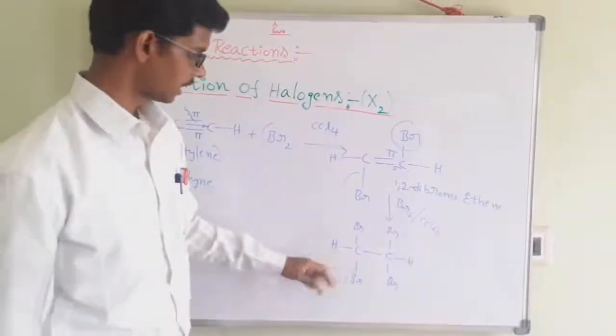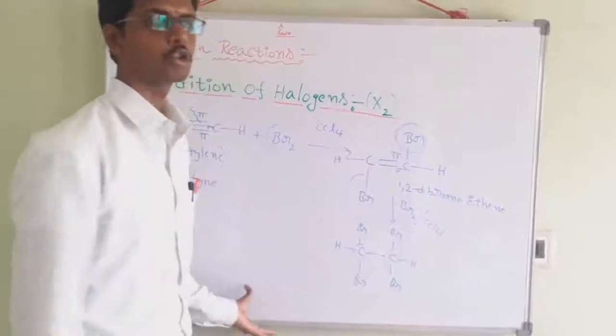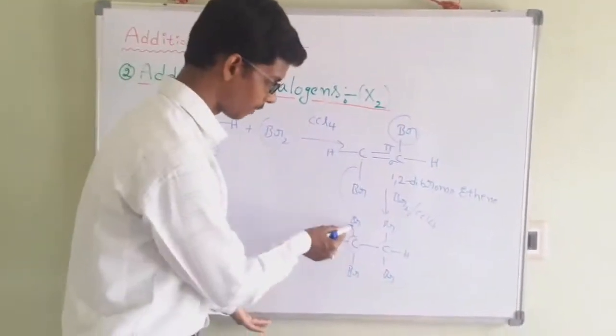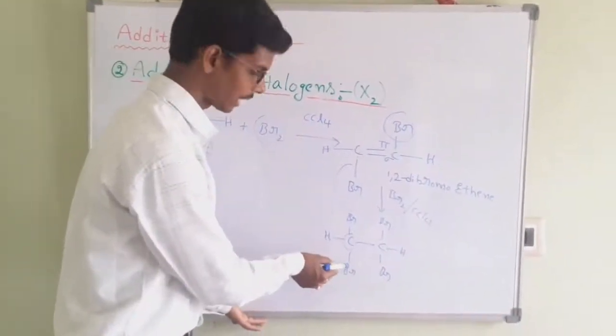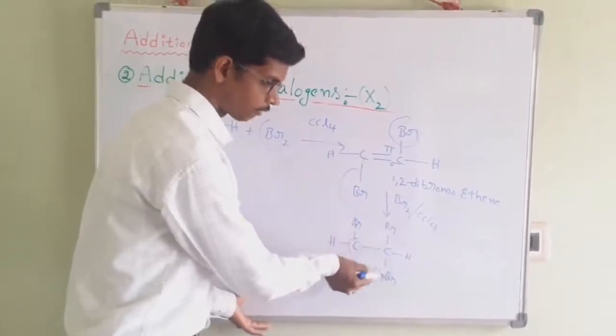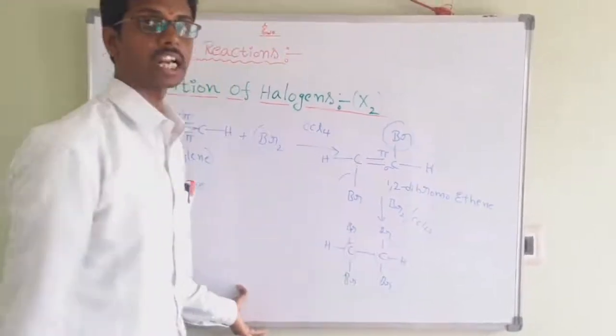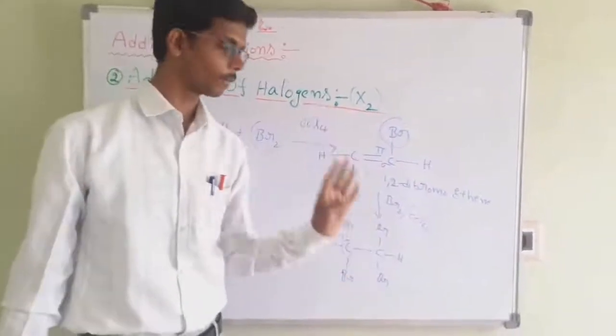Both carbon 1 and carbon 2 have 2 bromines each. That's why the IUPAC name starts with 1,1. Because the first carbon has 2 bromines, and the second carbon also has 2 bromines: 1,1,2,2-tetrabromo. Why? Because it has a total of 4 bromines.